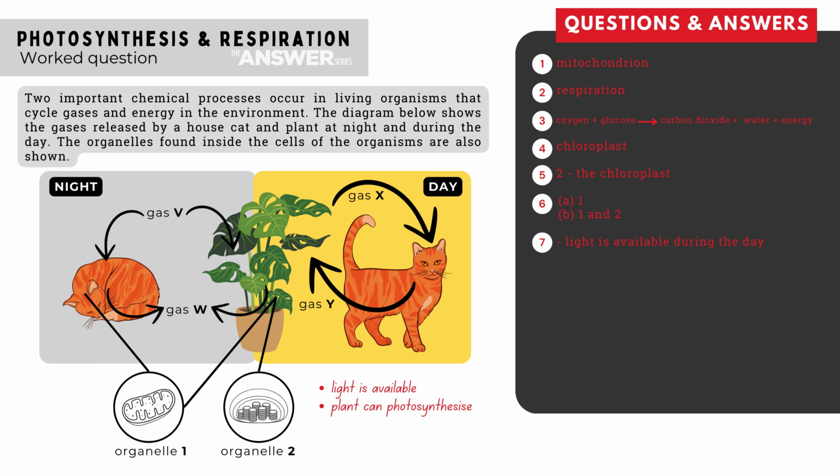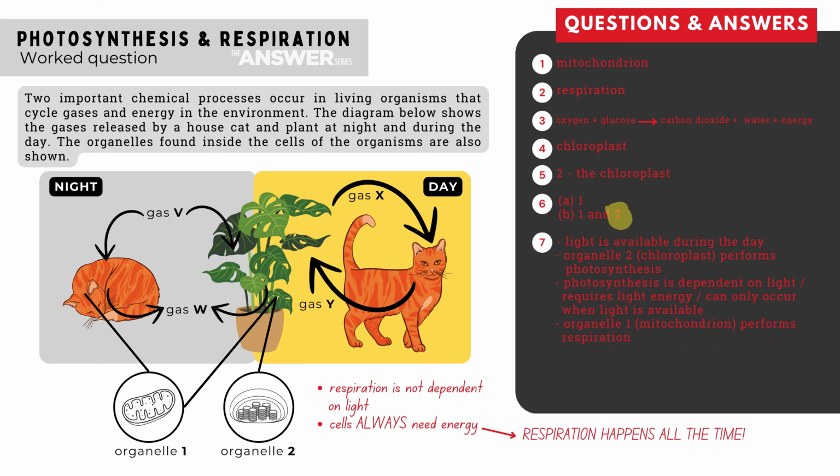So, light is available during the day, and the chloroplast, which is organelle 2, performs photosynthesis, which is dependent on light, or you could say it requires light energy, or it can only occur when light is available, and that's why organelle 2 was part of your answer.